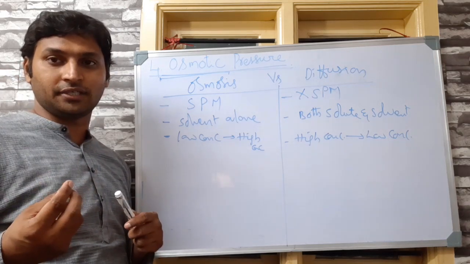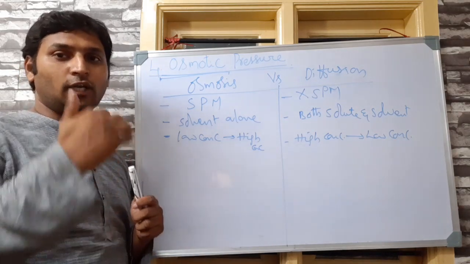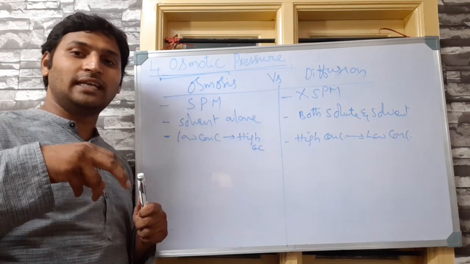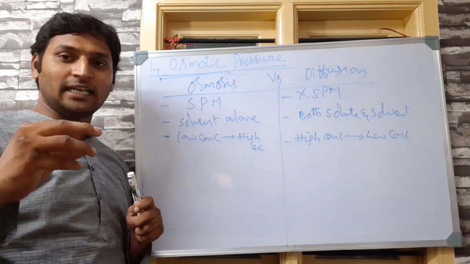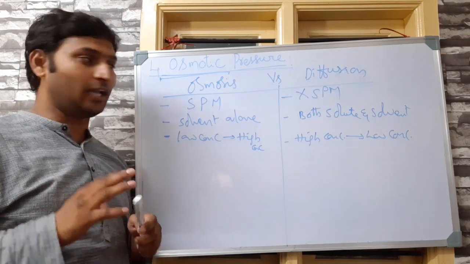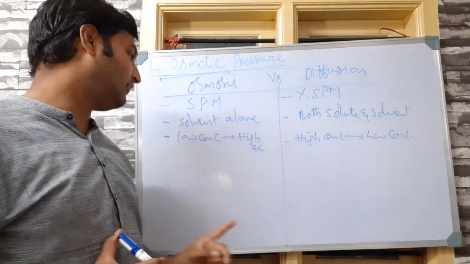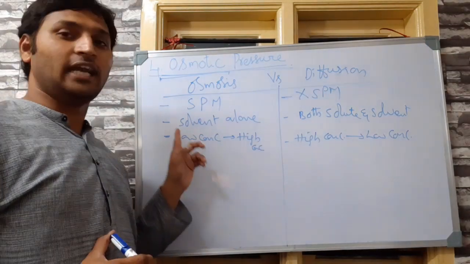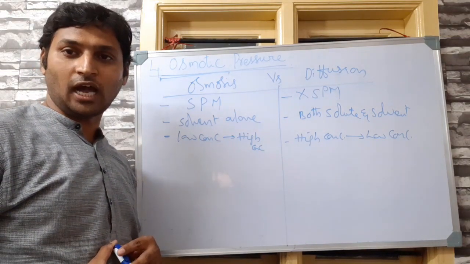It's highly concentrated and it is diffusing into the water. So from high concentration, the liquid is flowing into the low concentration. Likewise, the solvent flows from high concentration to low concentration in case of diffusion. In case of osmosis, it flows from low concentration to high concentration. Are you understanding?